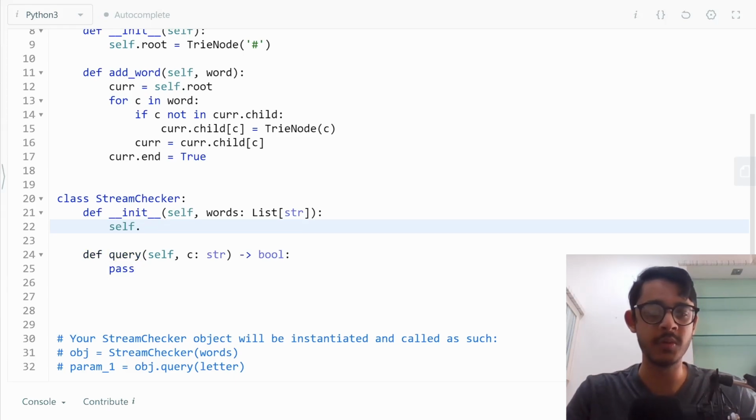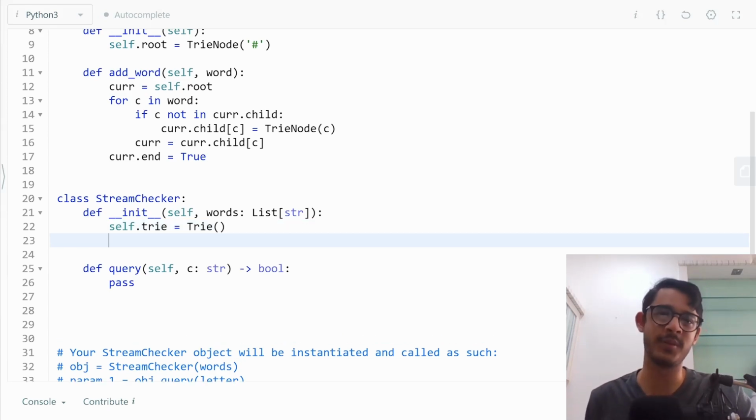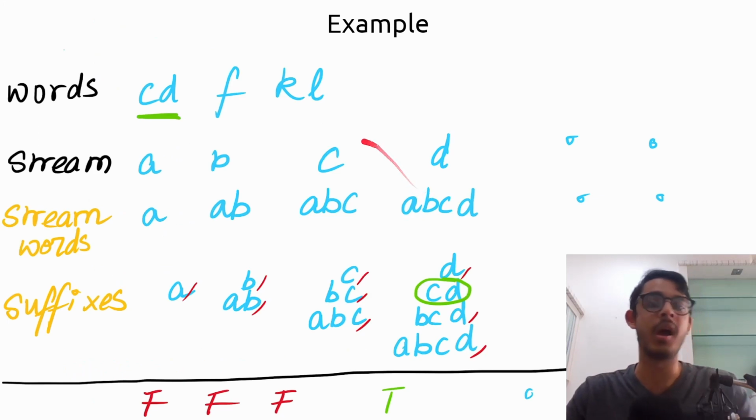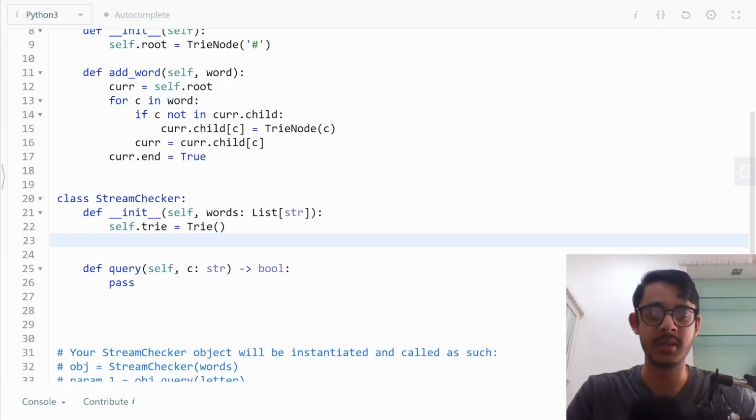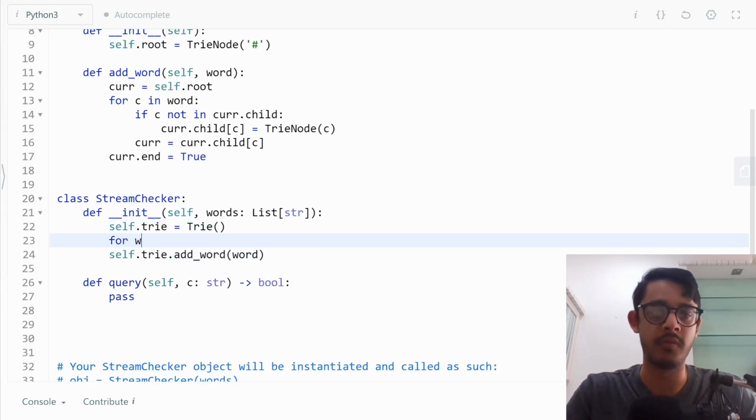And the first thing I'm going to do is have this trie data structure with me. What was the entire point of this data structure? What was the entire point of a trie? We wanted an efficient way to store these words. So let's go ahead and add the words. We'll do self.trie.addWord(word) for word in words.